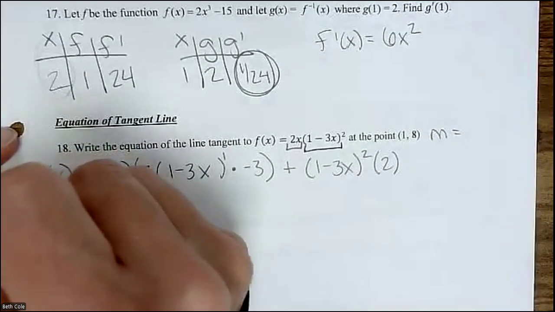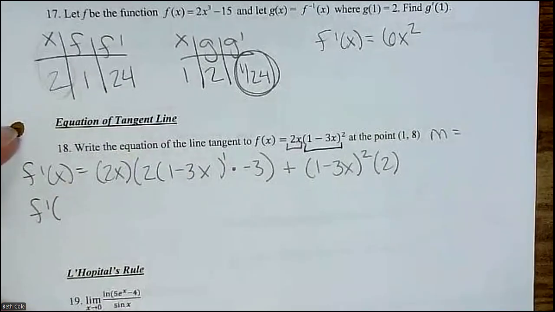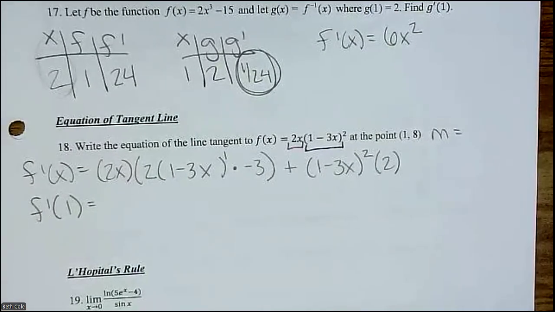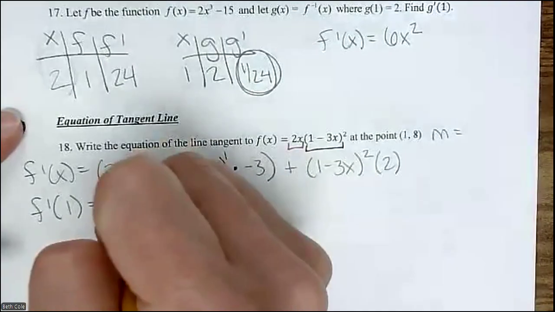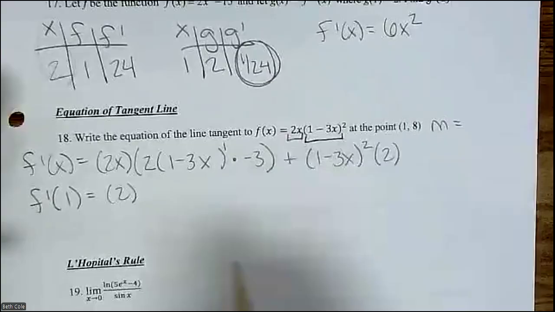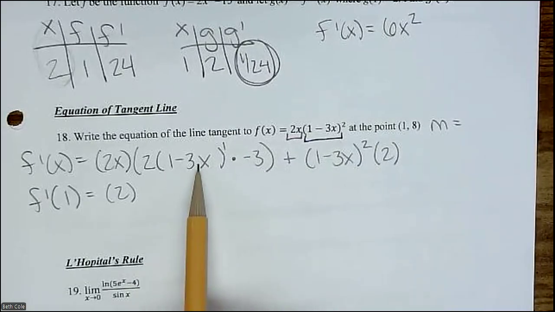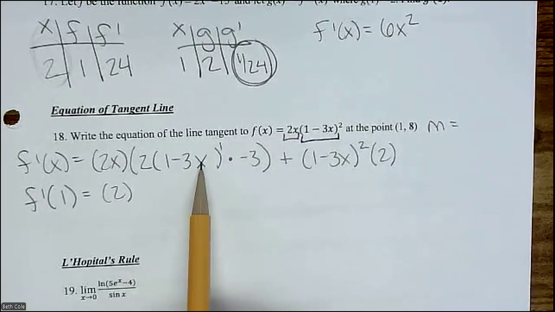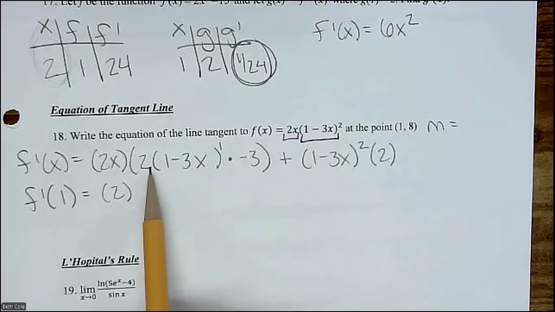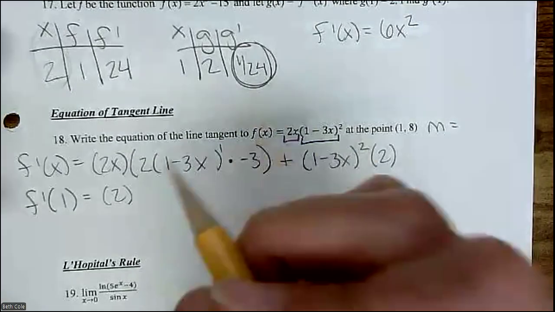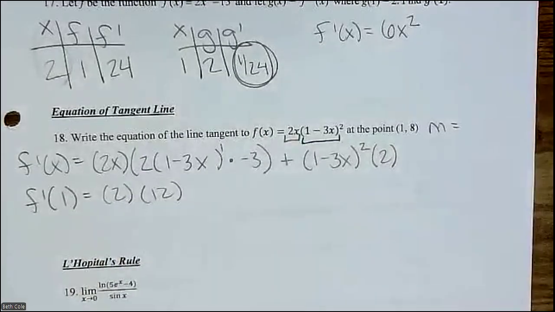And what are we going to plug in to this whole mess here? 1, good. So even though that's a mess, 1 is a pretty easy number to deal with. This part would just be 2. Let's see here. 1 minus 3 is -2, times 2 is -4, times -3 is 12.